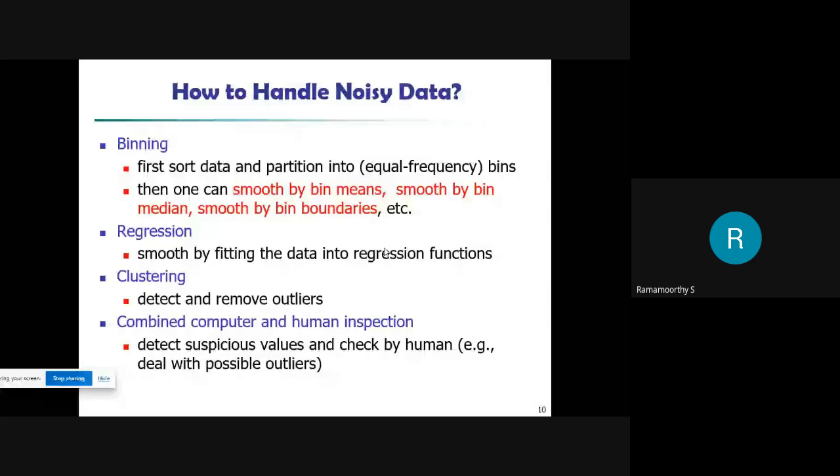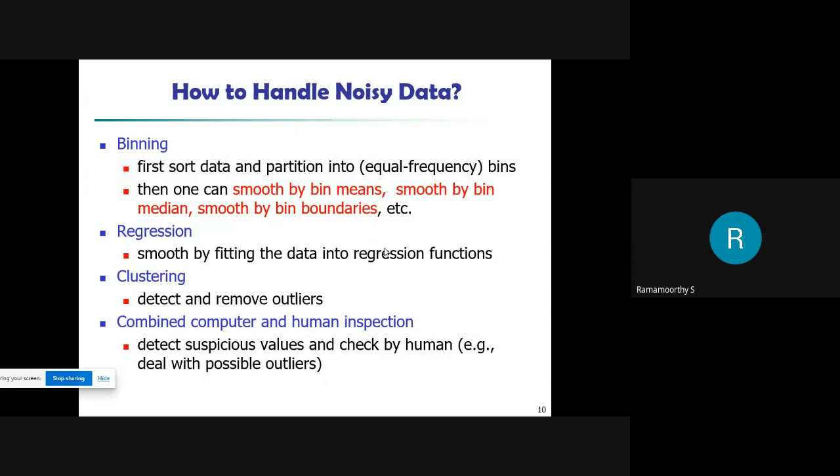And combined computer and human inspection. Sometimes the combination of manual and computer-based verification will give you a better result. What is that? Detect suspicious values. You may manually verify, or computer-based verification is also possible. Check if there are any suspicious values in your data set, and remove the outliers, whatever outliers are possible.